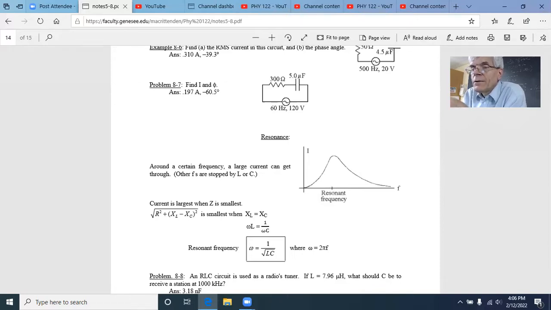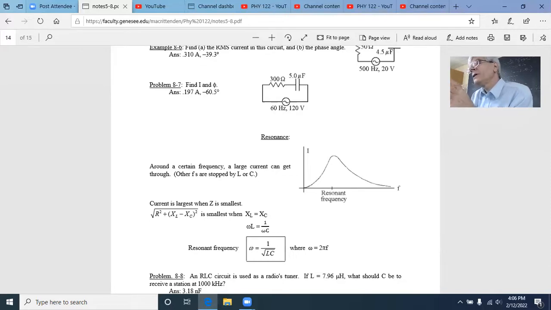So the higher the frequency, the bigger the back EMF, and as the frequency gets very high, the opposition gets very high, and so an alternating current doesn't want to go through a coil on the high end. Somewhere in between, there's sort of a Goldilocks kind of thing going on.